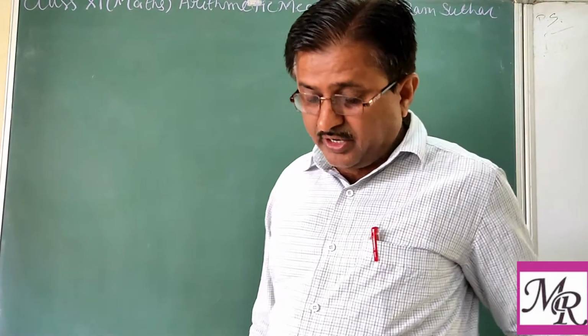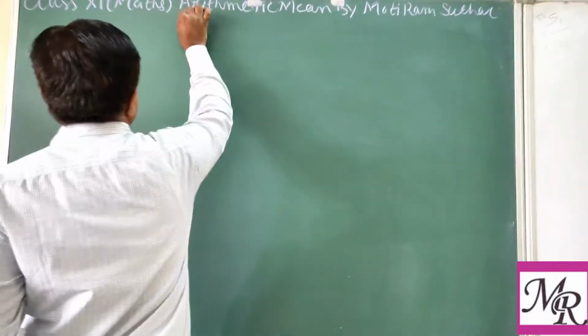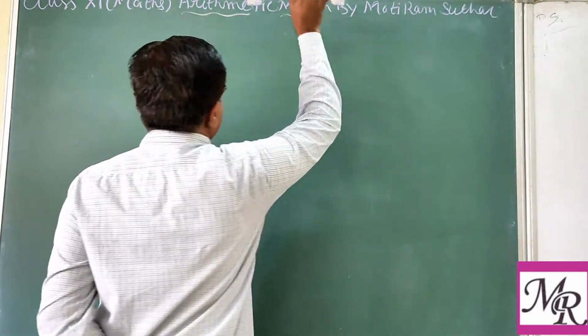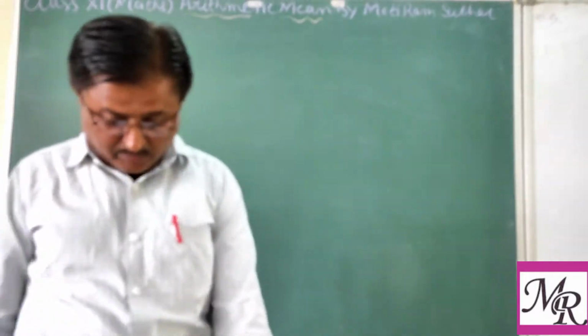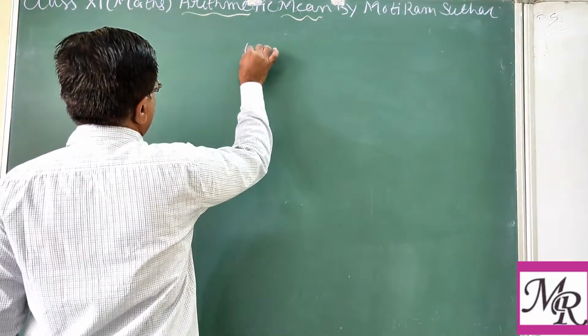Next is the arithmetic mean. We take the next topic, that is the arithmetic mean. So what is the arithmetic mean? Suppose we are given two numbers a and b.